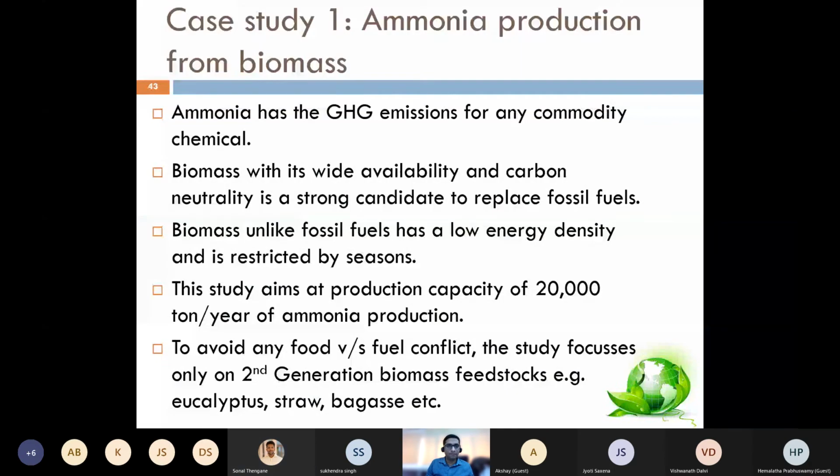This is something again coming from my PhD, and I will also try to discuss something similar in tomorrow's class as well. What I was trying to do is produce ammonia from biomass, through the gasification process.